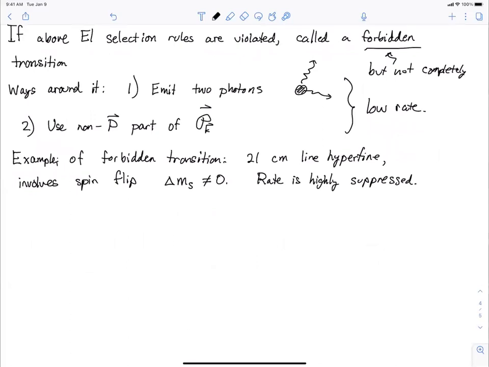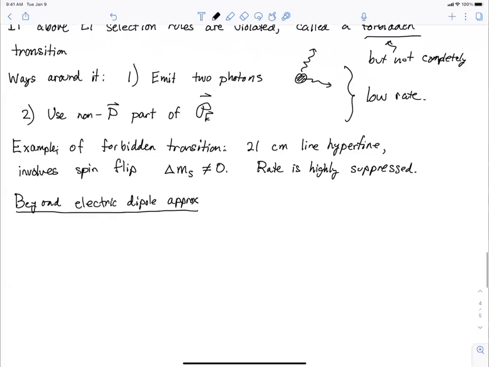Okay, so let me just say one more thing about what happens when you go beyond the electric dipole approximation, and next time we'll identify the part of this that is in fact responsible for the 21 centimeter line.